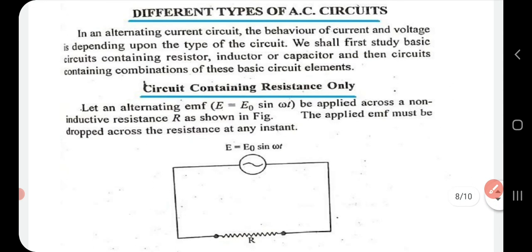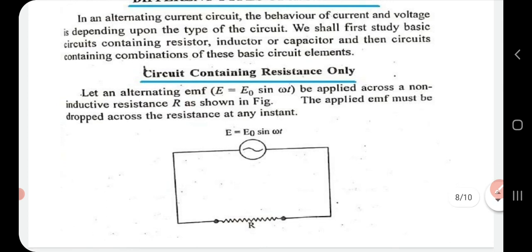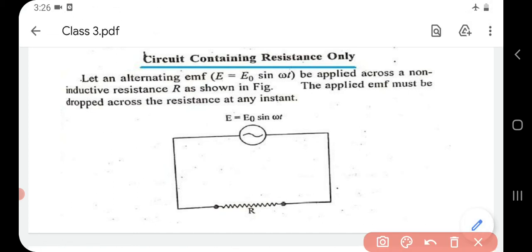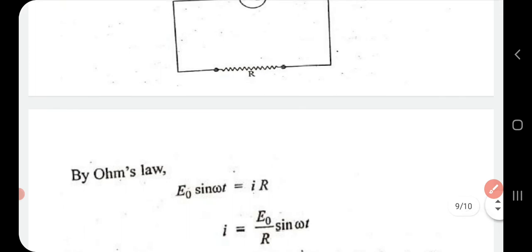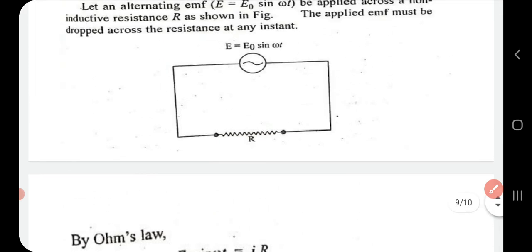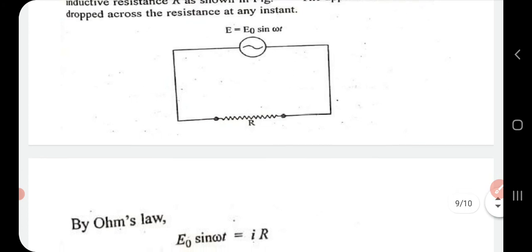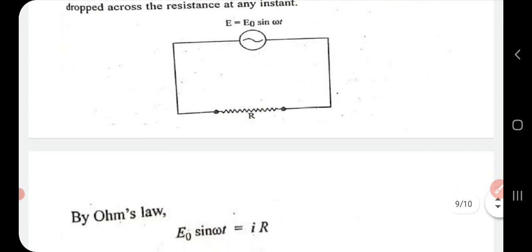So, study the definition for phasor and phasor diagram. Next, we are going to consider various types of AC circuits. To begin with, we will consider a circuit containing only resistance. Here you are applying an alternating EMF, E equal to E0 sin omega t. By Ohm's law, V equals IR. Instead of V, you have the alternating voltage E0 sin omega t.